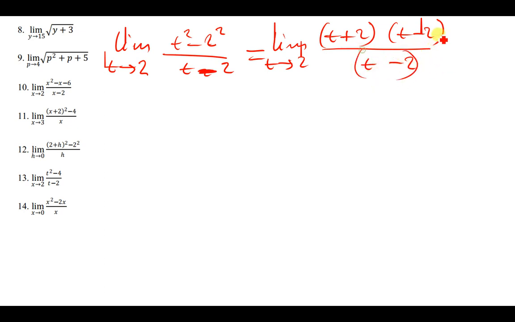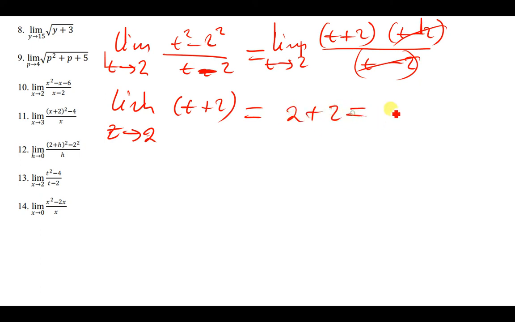So you can see that this t minus 2 and that will cancel, so we just remain with the limit of t plus 2 as t approaches 2. So we just replace t with 2, and we have 2 plus 2, that is going to give us 4.